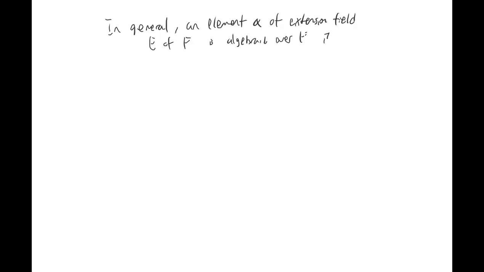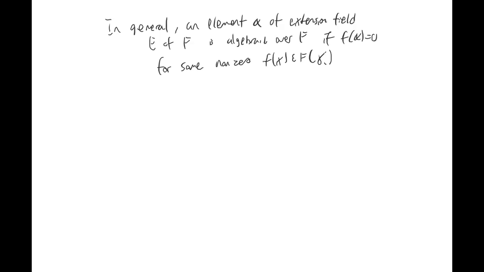So in general, an element alpha of an extension field E of F is algebraic over F if f of alpha is 0 for some non-zero f of x in F of x.